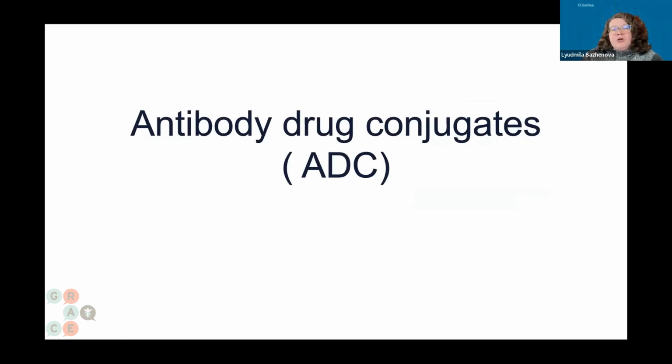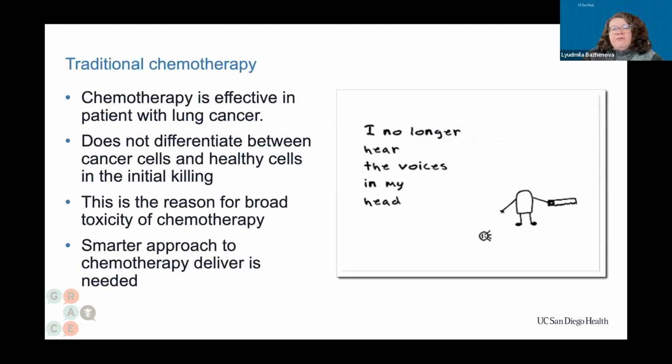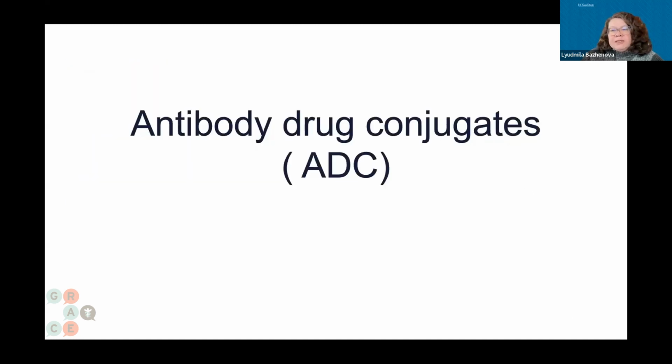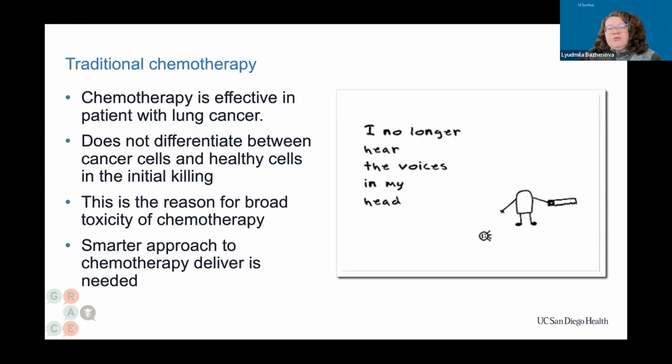In order for us to understand what the antibody drug conjugate is, we first need to know what the antibody is. But before we go there, I'd like to discuss a little bit about chemotherapy. Chemotherapy is effective in patients with lung cancer, but sometimes it feels like a picture on the right.